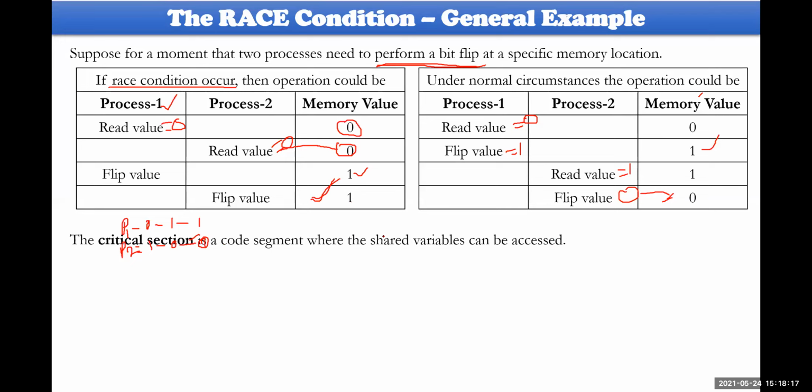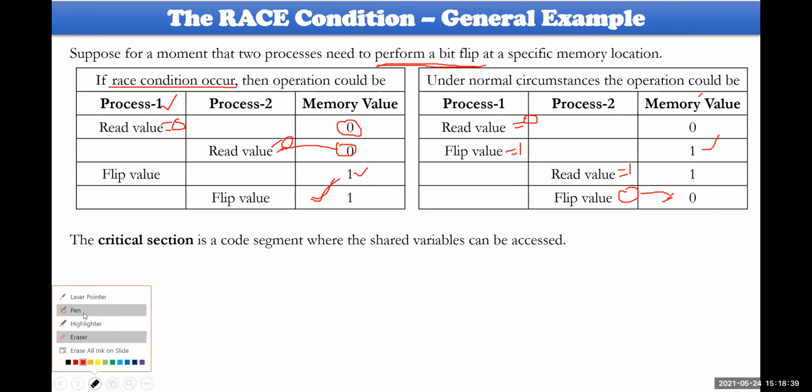Now, normally in operating systems, where exactly will this race condition be secured? The race condition will be secured in the critical section problem. Critical section in the sense, while updating your database, for example, you have transferred some amount from your account to your friend's account.